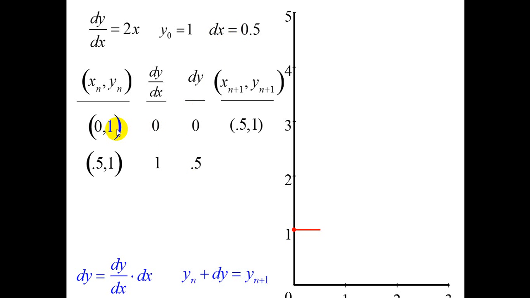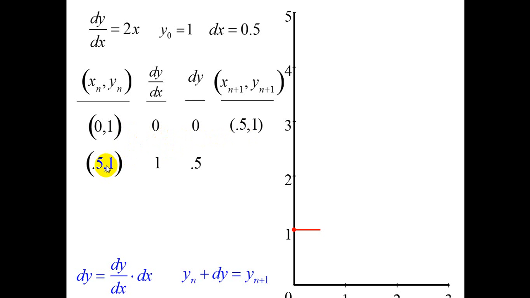In the first step, our x0 is 0 and y0 is 1. So we can find x1 and y1. x1 is 0.5 and y1 is 1. These values we can find using Euler's method.